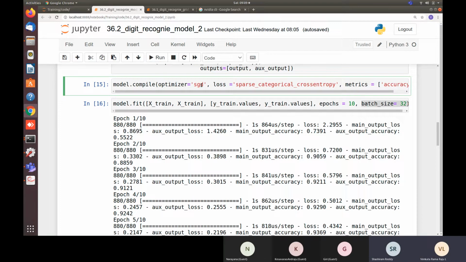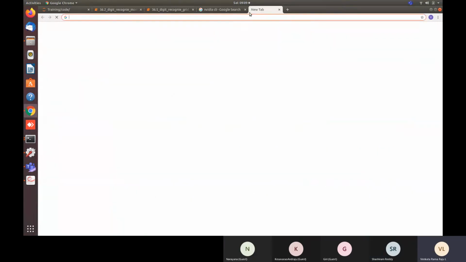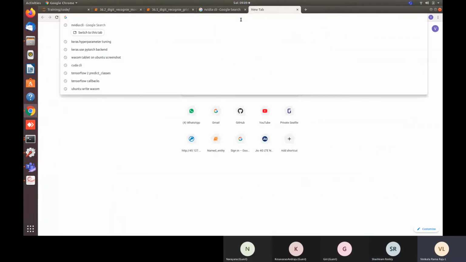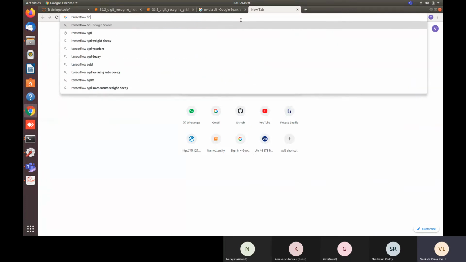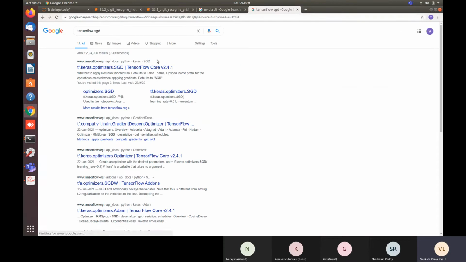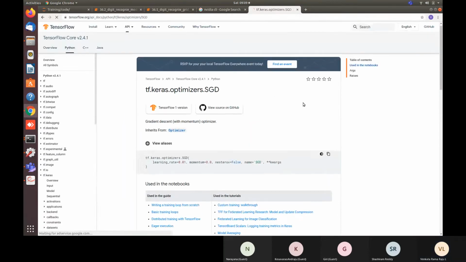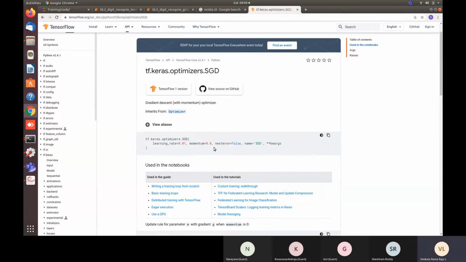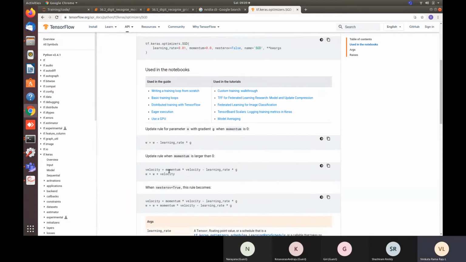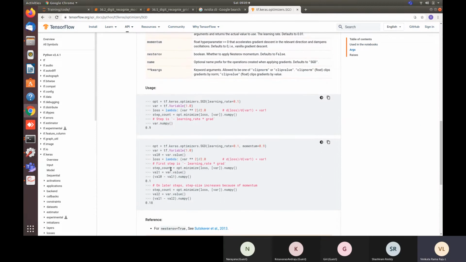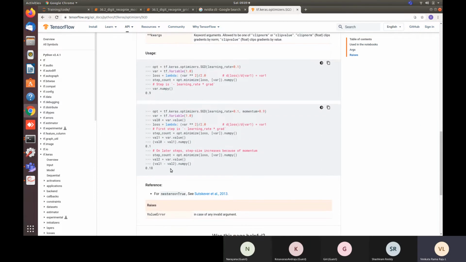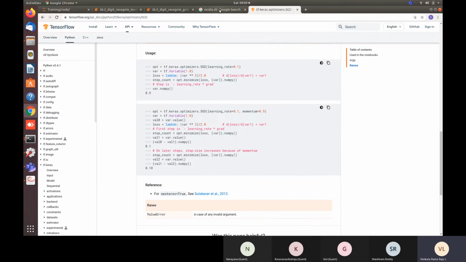So by default, with the optimizer equal to SGD, it takes one record at a time. Or maybe there will be a default batch size, let us look. Maybe in the fit method we have it.